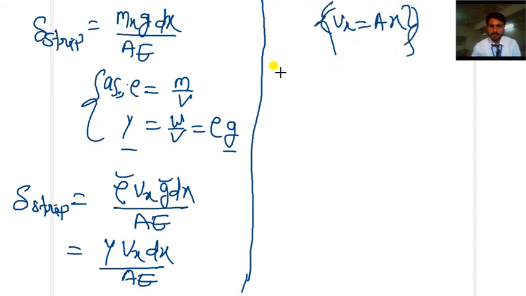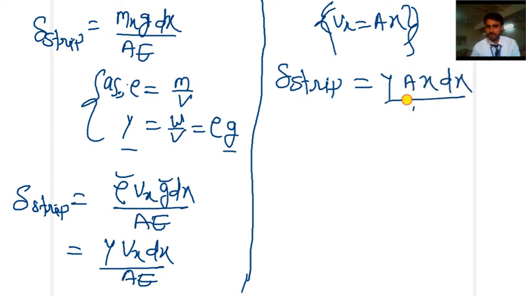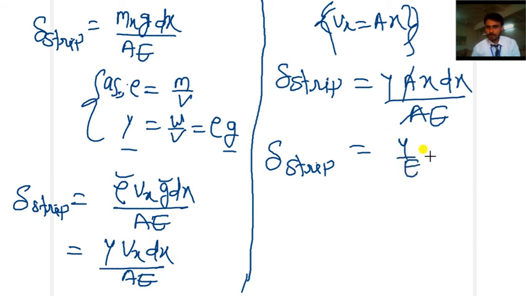Okay, so here we will get del strip equal to gamma, in the place of Vx we can put A into x dx divided by AE. A will be cancelled out, and we will get del strip equal to gamma by E x dx. That is the deformation of that particular strip.